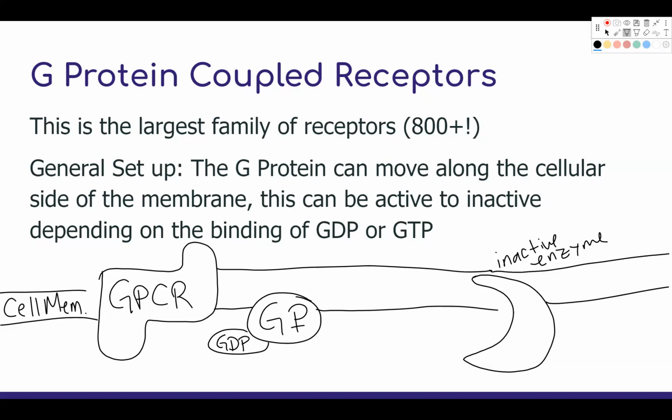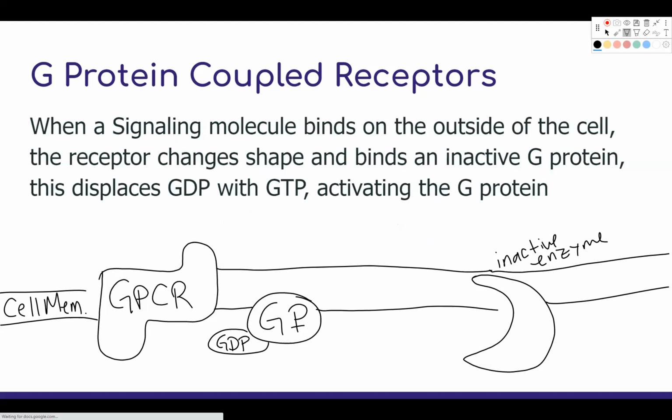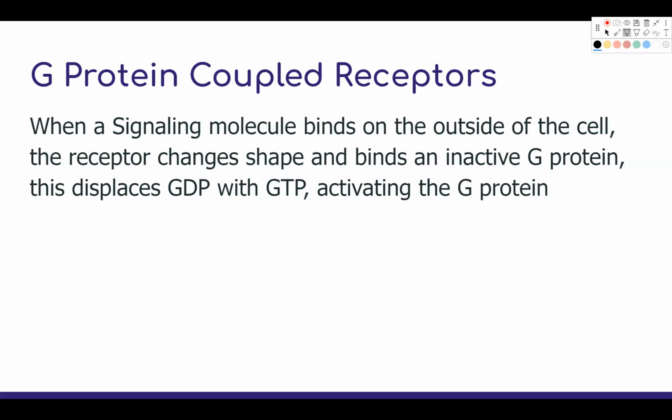We are going to work through the steps of what happens as the system becomes activated. So, questions here. All right. So, first things first, a signaling molecule is going to bind outside of the cell to that G protein coupled receptor. So, we've got our ligand coming in to that G protein coupled receptor.